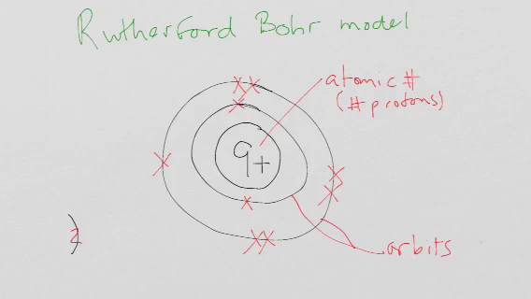A max of 2. The second orbit has a max of 8. The third orbit has a max of 8. The fourth orbit has 18. The fifth orbit also has 18. And then we move out to 32.